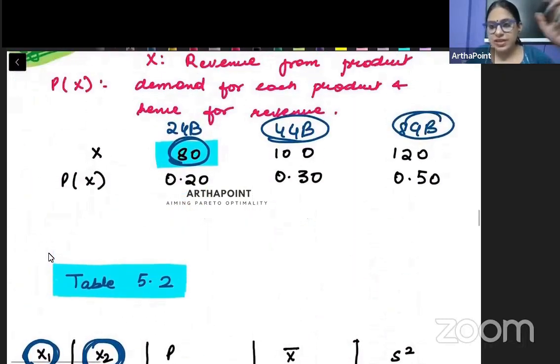So all possible cases that could be there, that you can sell one 2 GB and one 8 GB, so the combination 80, 120 is formed. Or you can sell both 8 GB, so the combination 120, 120 is formed. So that is it. I have written all possible combinations here.